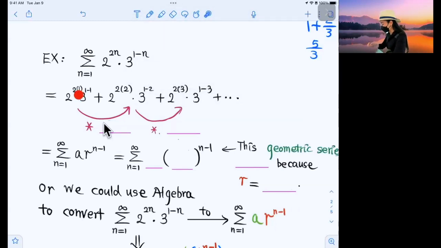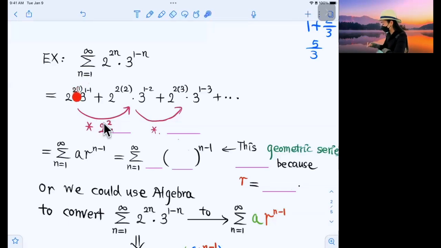This one is 2 to the second, this is 2 to the 2 times 2, this is 2 to the 2 times 6. So 2 to the second, 2 to the 4, 2 to the 6. So multiply by 2 to the second.